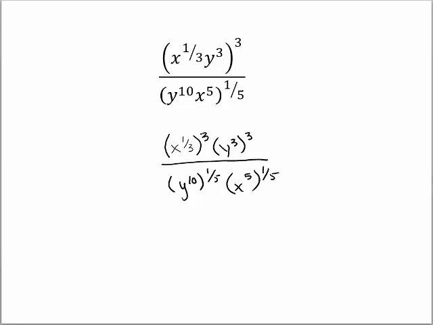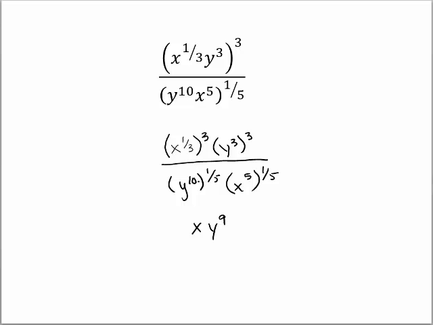All right, now we've got it all spelled out in longhand. Now we can simplify that. X to the 1/3 raised to the 3rd, that makes it 1. So we're going to put down here x. Y to the 3rd raised to the 3rd. What do we do when we raise an exponent to an exponent? We multiply them. So this will become y to the 9th.